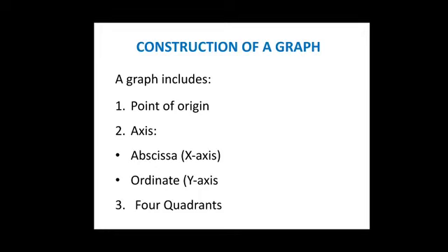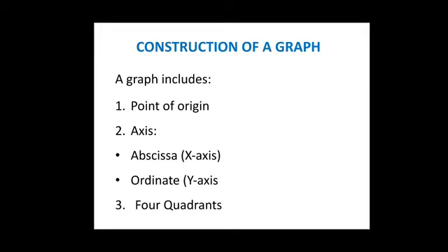The point where the two lines intersect each other is known as the point of origin, or we can say the 0 point. The horizontal line from left to right is called horizontal axis, x-axis or abscissa. The vertical line is called vertical axis, y-axis or ordinate.